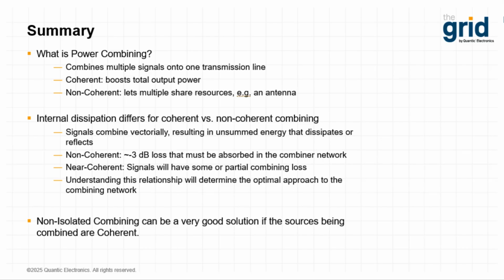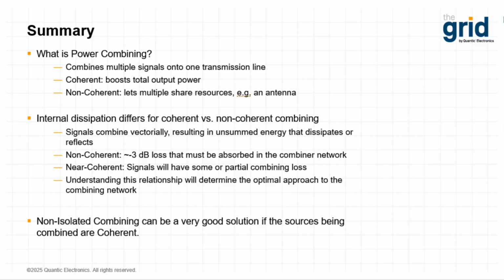Overall, we have to go in there and do the analysis to see exactly how much power we're losing, and understand that that energy will either be reflected back as higher VSWR or absorbed in the dissipating network for an isolated power combiner.